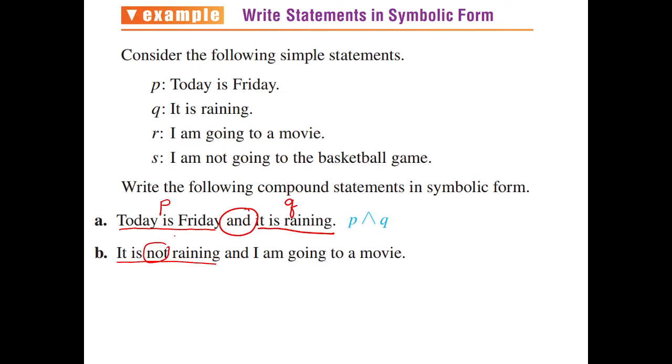This is now the negation. So I put the symbol for negation on it. It is raining, it's letter Q, so this means it is not raining. The symbol for and is this. I am going to a movie, that's R. So this will be our answer for letter B. Okay?